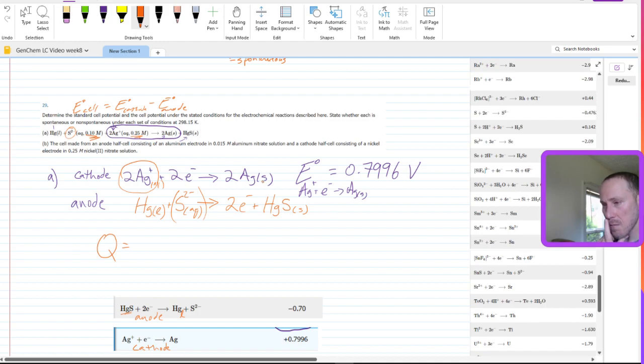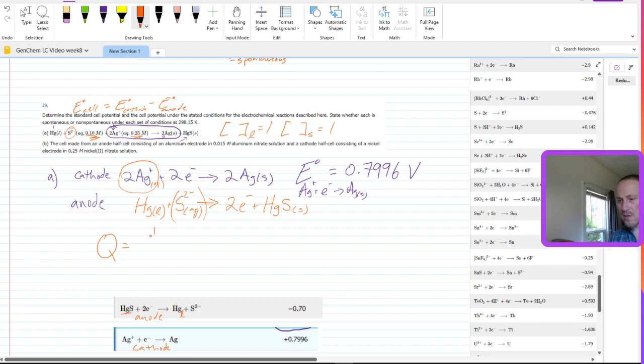Because they're basically just one. So here's what we're going to have to do: the concentration of a liquid is kind of paradoxical, but it fundamentally equals 1. We're really talking about activity. The concentration of a solid, the activity fundamentally equals 1.